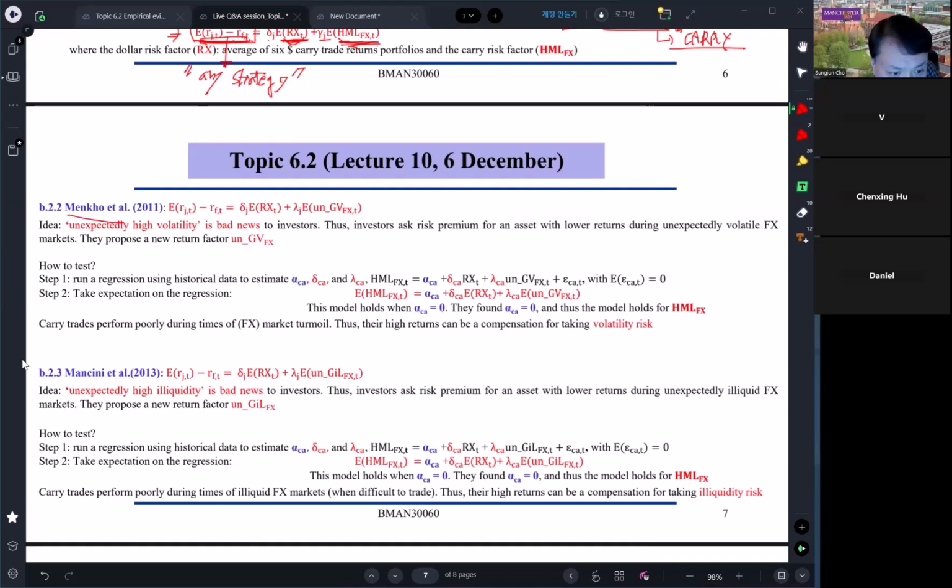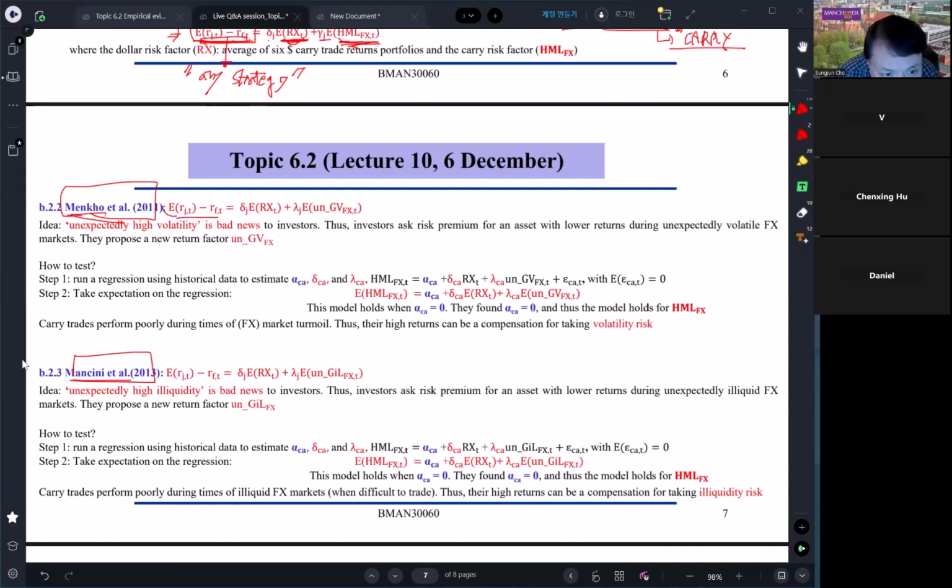So two other papers claim, the first paper claimed volatility risk premium as a reason for getting profitable carry trade. The other used the illiquidity premium as a reason for getting profitable carry trade. So this guy proposed this model.